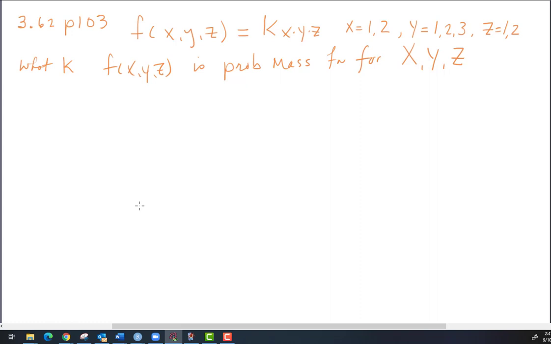So we looked at the definition for x and y, and now we're just jumping ahead and throwing in a third variable. Not much changes.